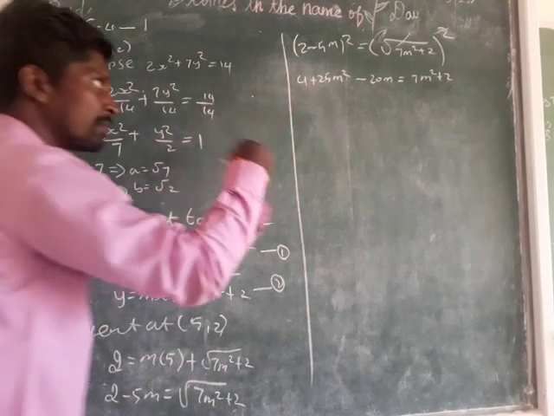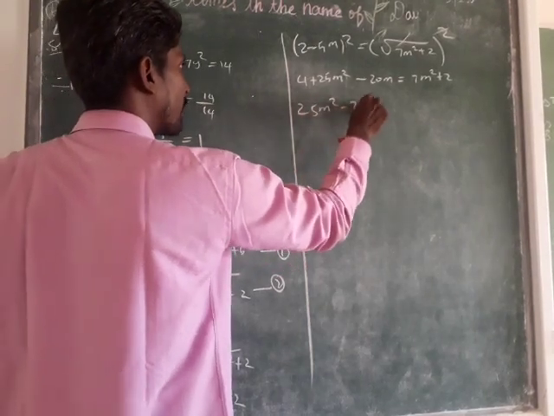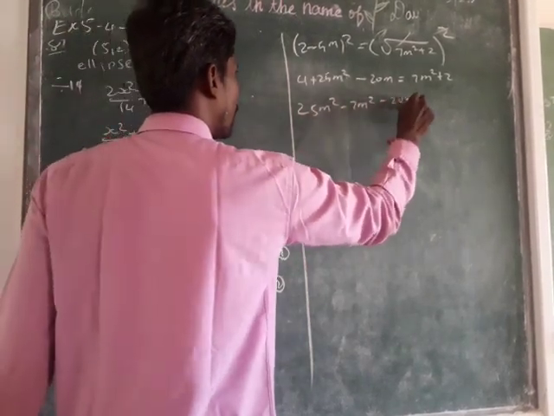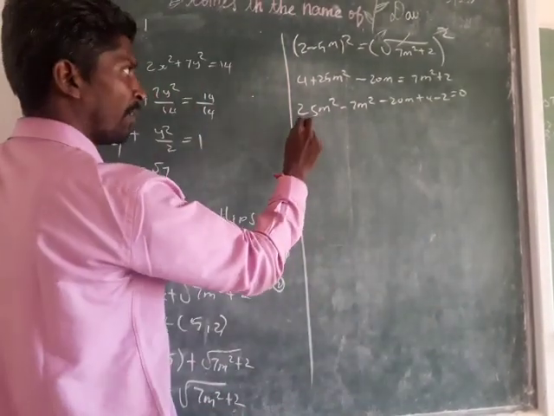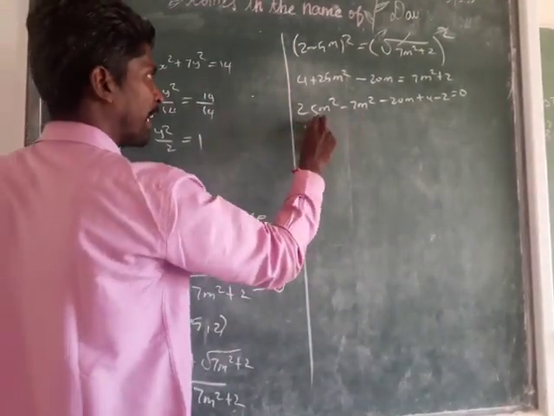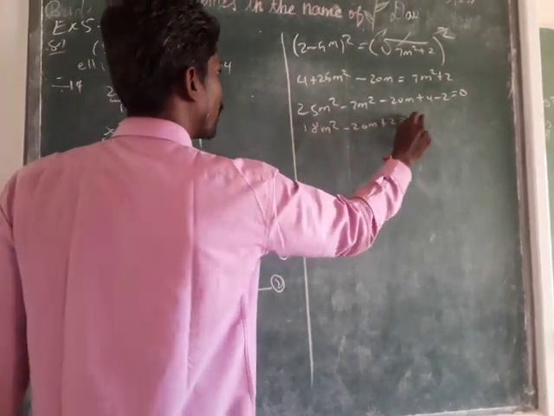Now arrange the terms: 25m squared minus 7m squared minus 20m plus 4 minus 2 equals 0. Subtracting, we get 18m squared minus 20m plus 2 equals 0.